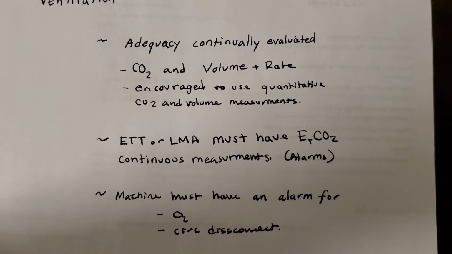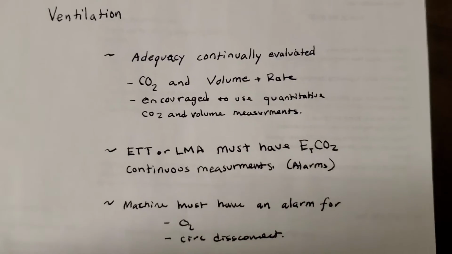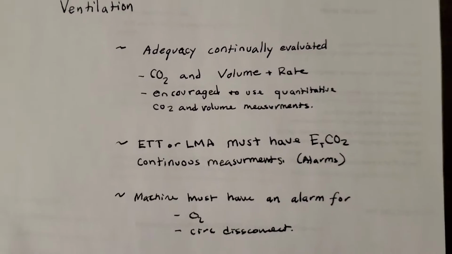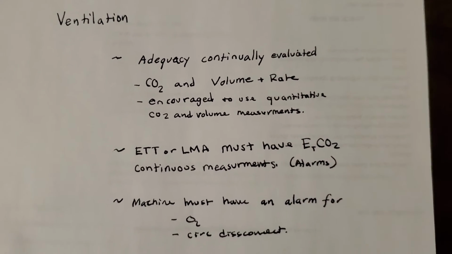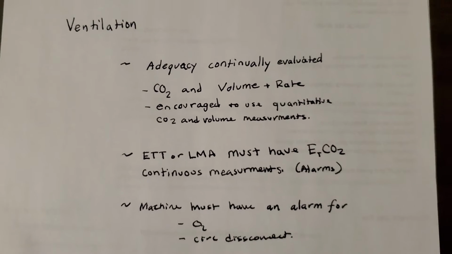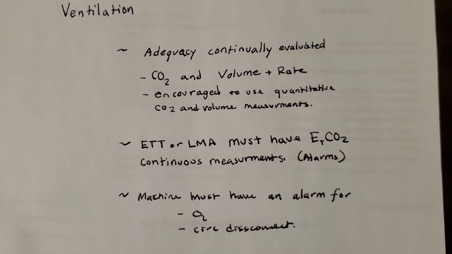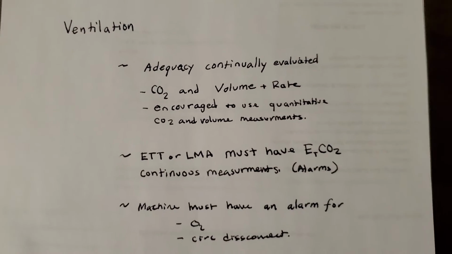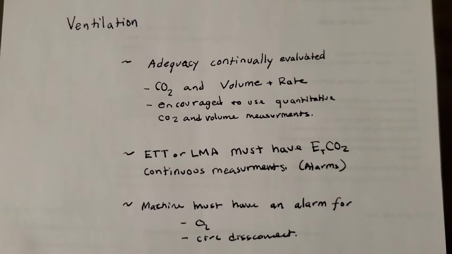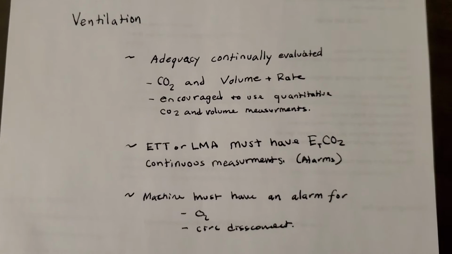A machine, if you're using one, must have a way of measuring how much O2 is going in, and it must have an alarm if the circuit disconnects. I see a lot of anesthesiologists walk in and you can't even hear the alarms because they turned them down.